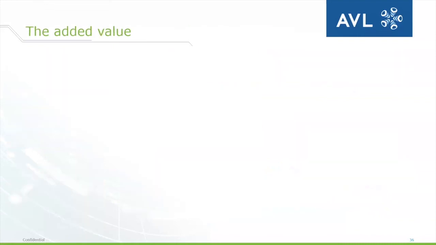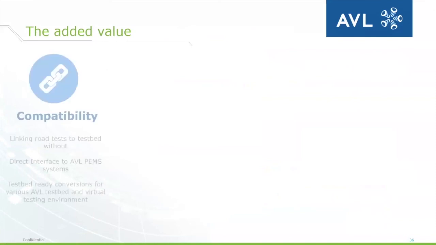To sum up, we have presented today a toolchain that accelerates the road digitalization. And the important factors are, first, the compatibility, so that the road measurements with the PAM system or different data logging systems can directly be utilized without processing the data further.